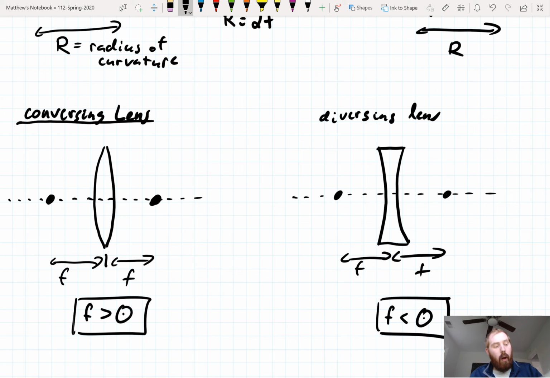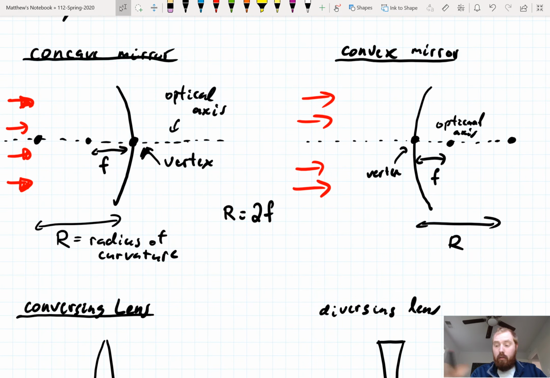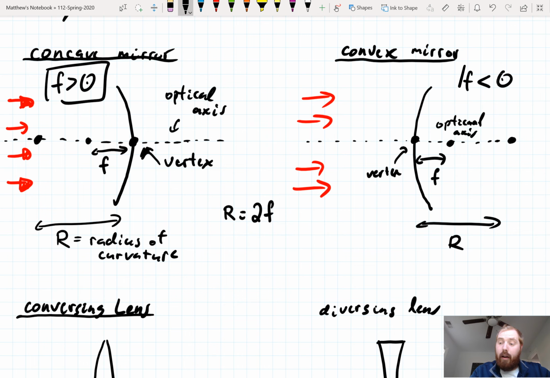I'll wait until I start showing rays going through these to explain why it is that way. Come back to these guys. Well, they have focal lengths too, the mirrors. My concave mirror has a positive focal length, whereas my convex mirror has a negative focal length.